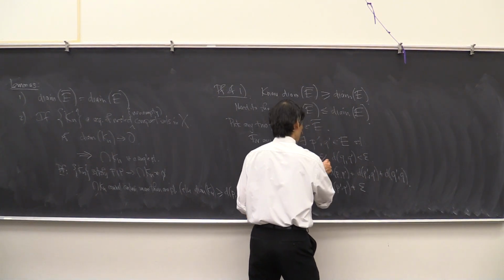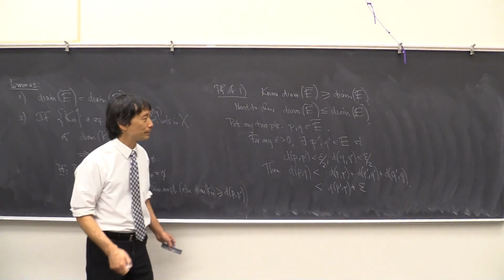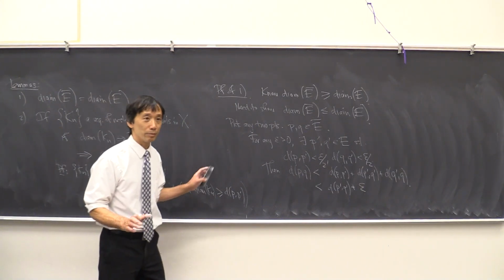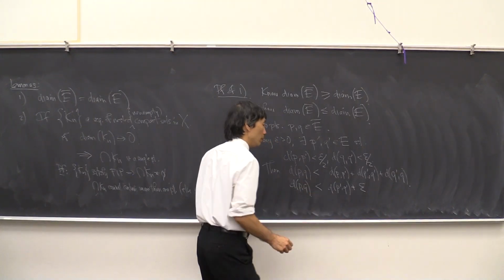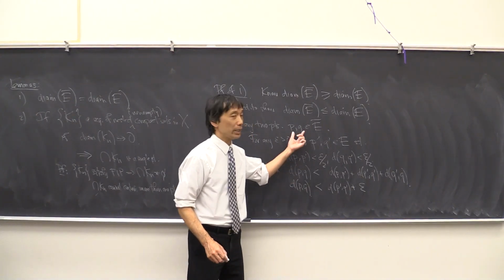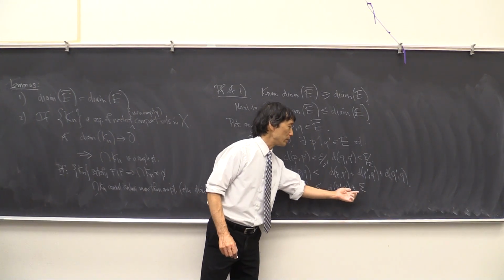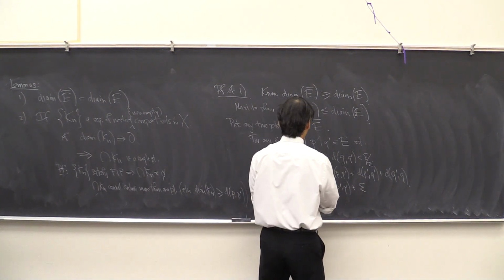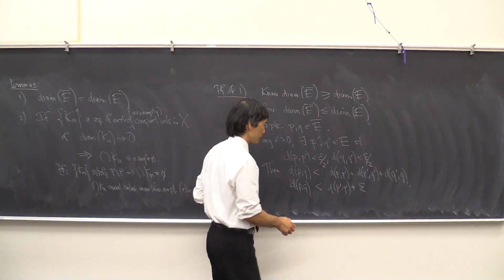Actually let me just make these half epsilons and make this a plain old epsilon, as usual. It doesn't matter. As you see, it doesn't matter at all. Okay, so what does that tell you? That whenever you have a pair of points in E bar, there's another pair of points in E whose distance is such that this thing is controlled by that distance plus epsilon, right? Okay.